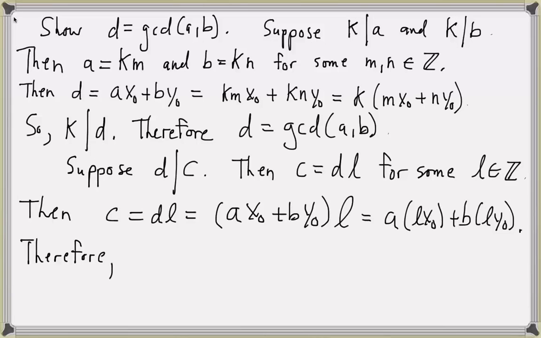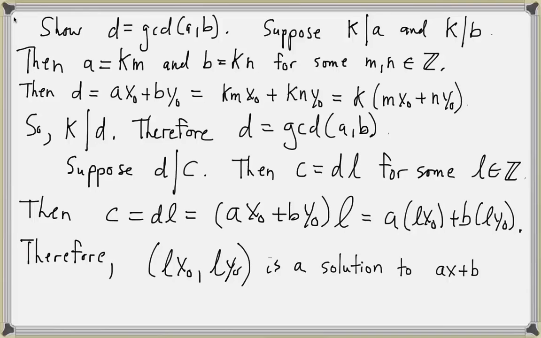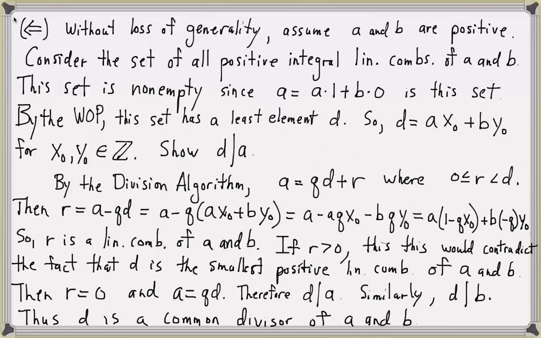Therefore, the integer pair L x0, L y0 is a solution to the linear Diophantine equation AX plus BY equals C. So we've just shown that if D divides C, there is a solution to the linear Diophantine equation AX plus BY equals C. Let's look back at the theorem that we just proved.